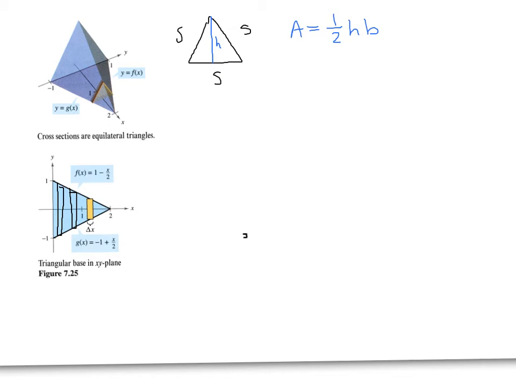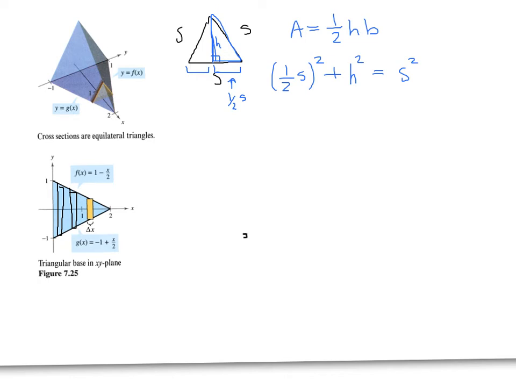Because of symmetry and some geometry, this will divide the bottom base in half. So this side right there has length 1/2 s, as does the other side. And we can now use the Pythagorean theorem with this triangle right there to figure out the height. The Pythagorean theorem tells us that (1/2 s) squared plus h squared will equal s squared.